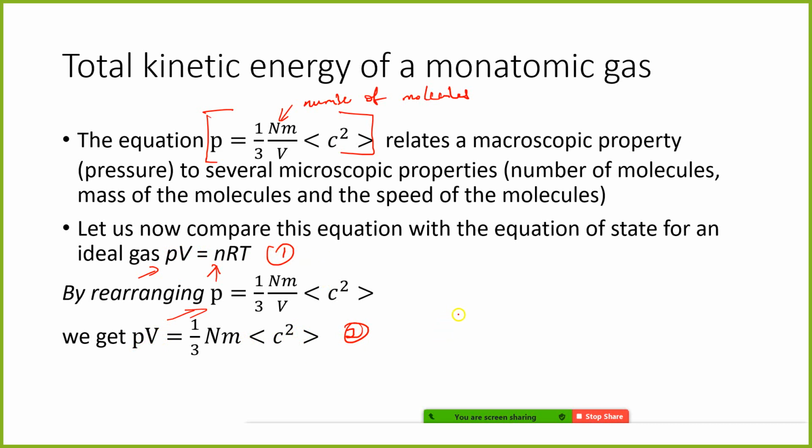When you compare them, you're essentially equating them to each other, so nRT is going to be equal to 1/3 of Nm times the mean square speed.